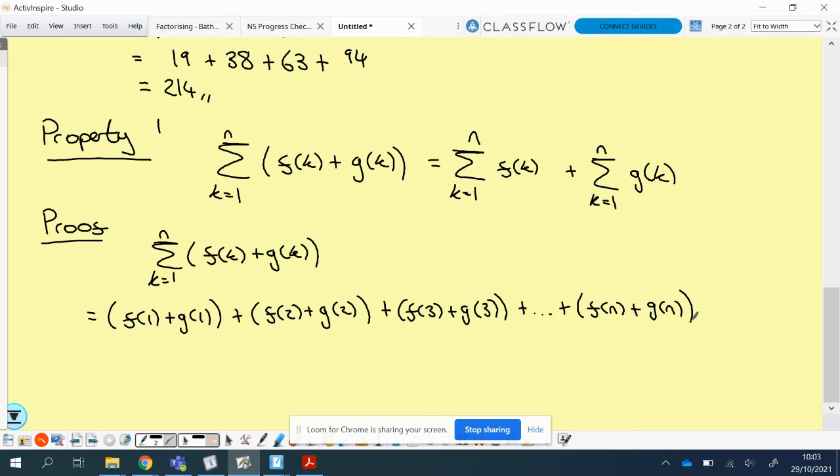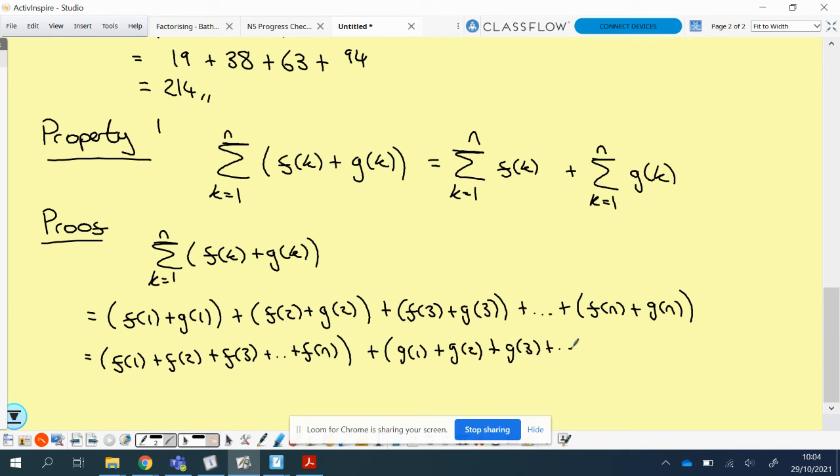I can split them up, so I can have just all the f functions to start with, so that would be f of 1 plus f of 2 plus f of 3, all the way up to f of n, plus, and do the same for the g function, g of 1 plus g of 2 plus g of 3, all the way up to g of n.